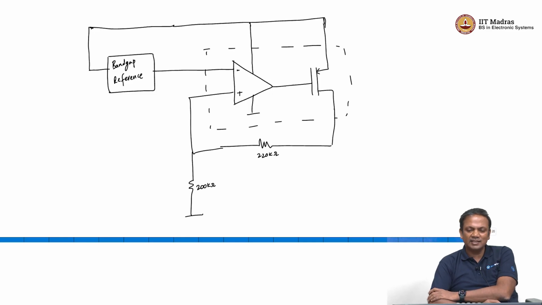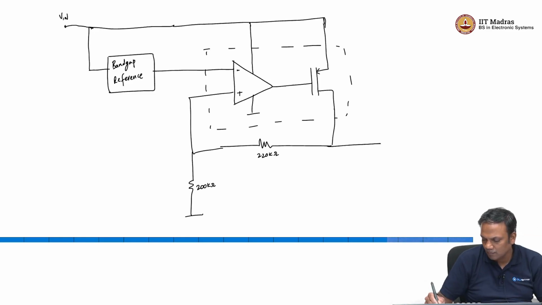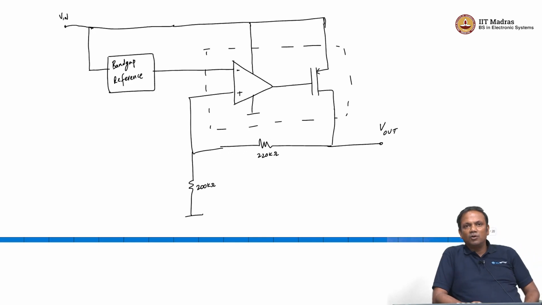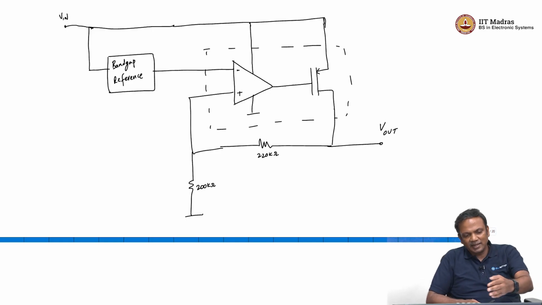and you will quickly see that okay, if I am using this is V out. So, now if I were to use a voltage source like this to generate the band gap reference.